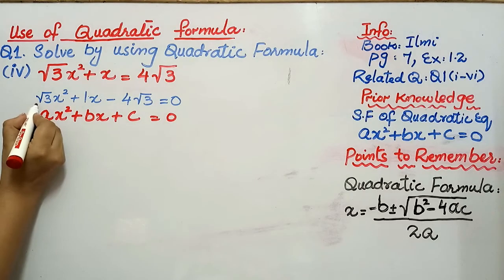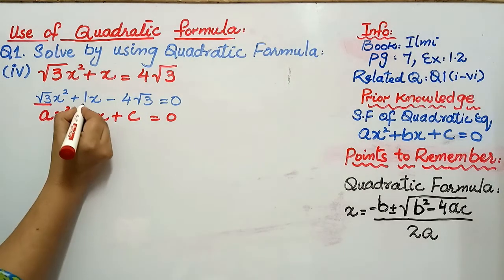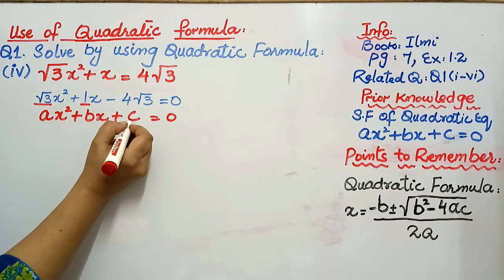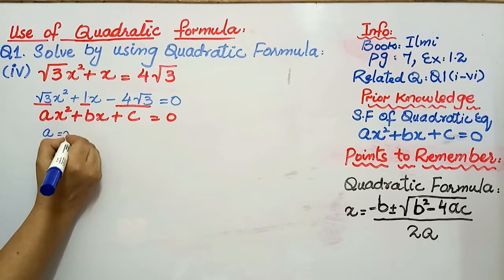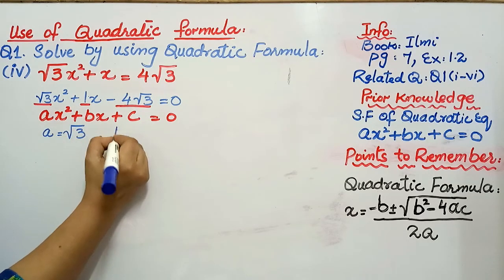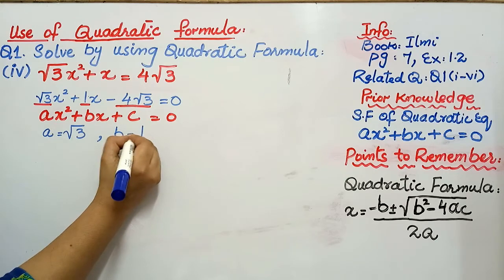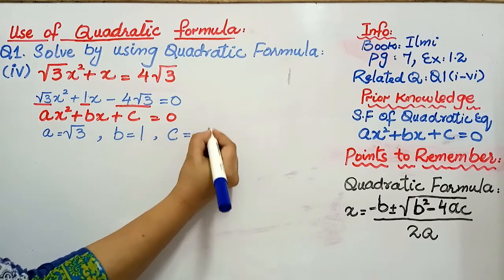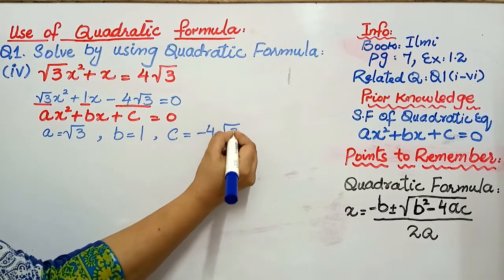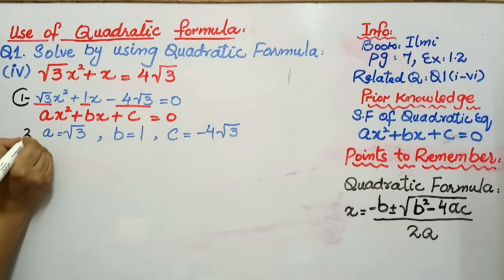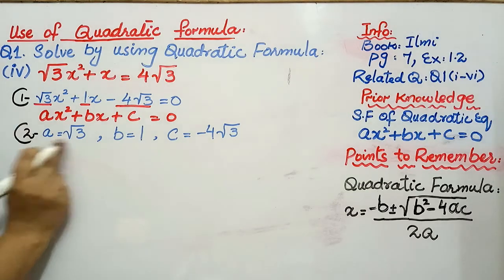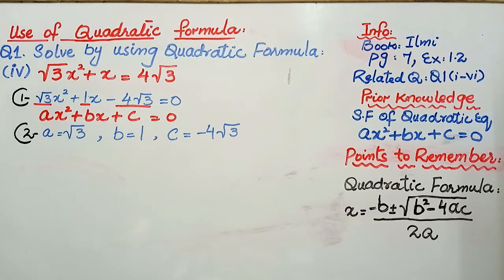So a will be under root 3, b will be positive 1 and c is equal to minus 4 under root 3. The first step was conversion of the given equation into the standard form. The second step was to find out a, b and c. We have done both these steps.